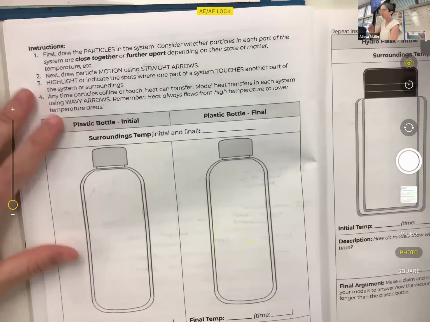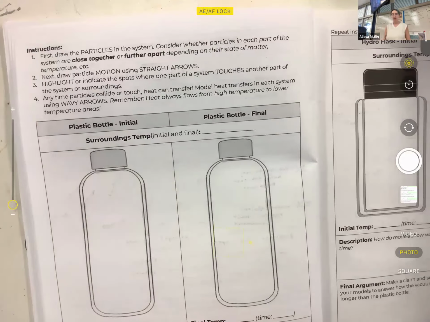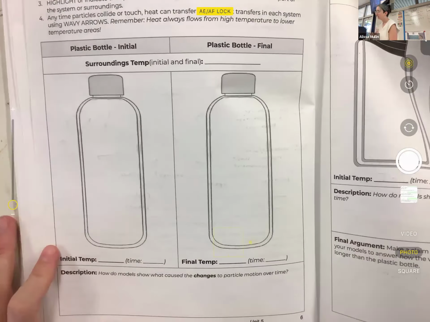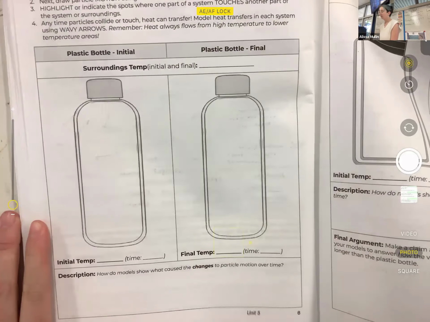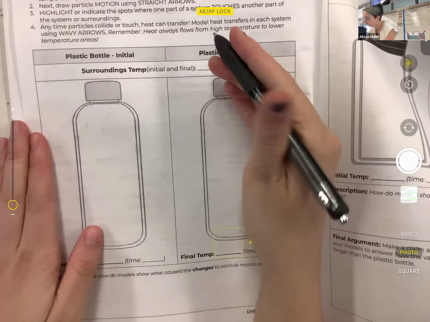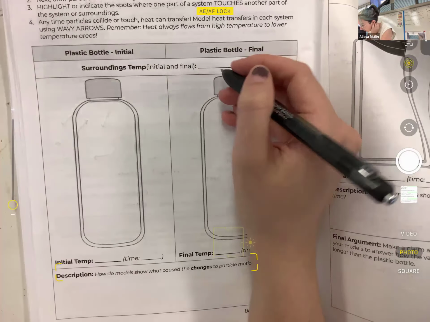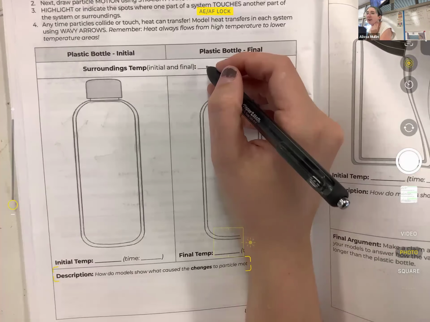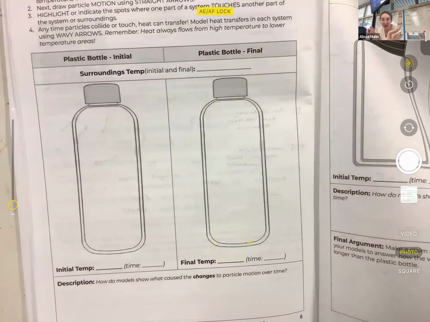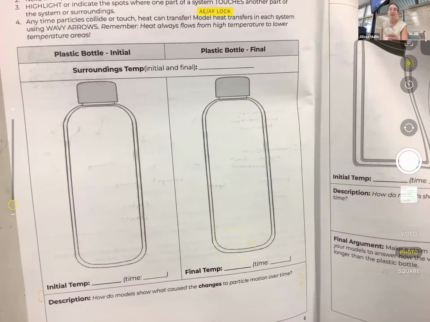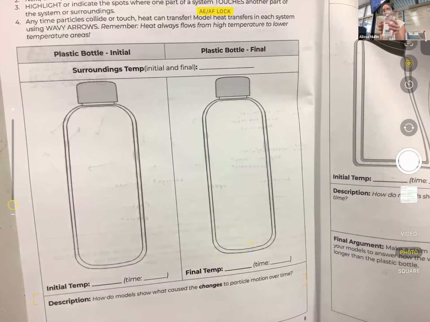So let's look at our models here on our next page. Let's do our plastic bottle first, and let's just summarize our data in here. So surrounding temperature. Sorry, should have had you guys define our system, but since we can't have a conversation about it, I think it'd be helpful if we just define our system as our bottle and then the water inside the bottle.